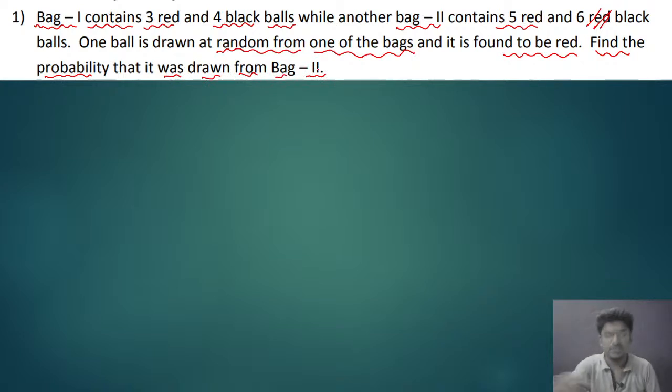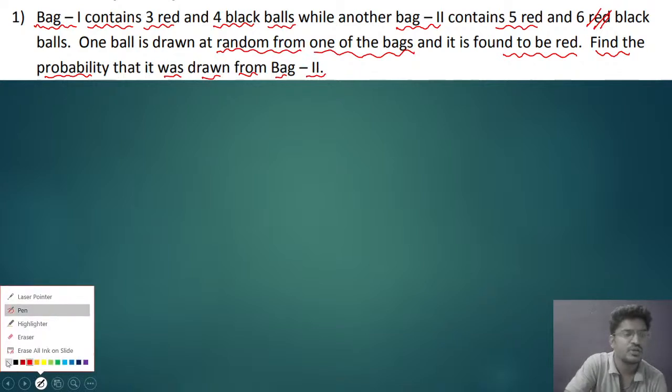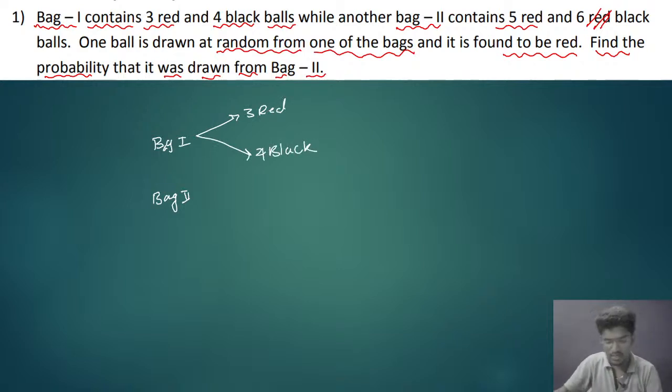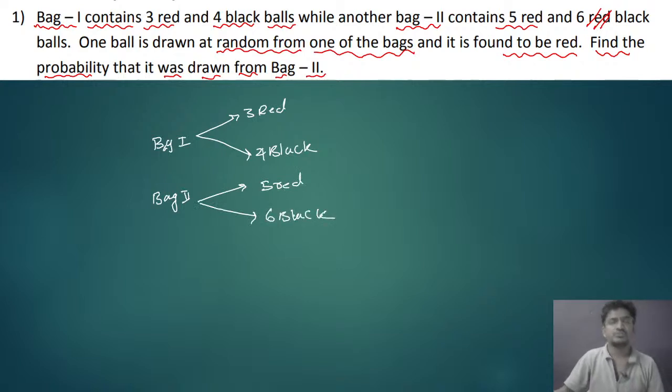My dear students, first you have to understand the problem. There is bag 1 and there is bag 2. Bag 1 contains 3 red balls and 4 black balls. Bag 2 contains 5 red balls and 6 black balls.